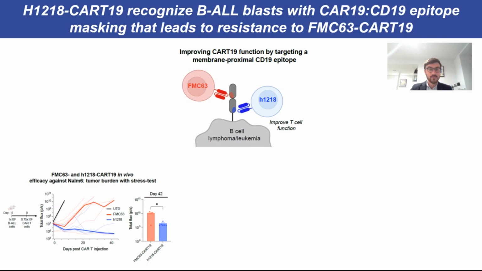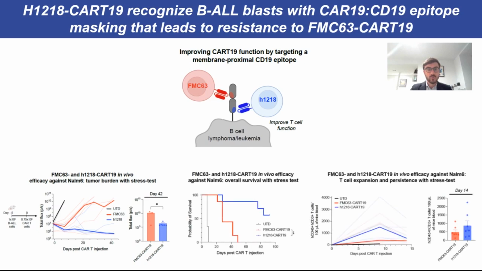And this was, as you can see, pretty dramatic in this model, and was associated with better overall survival, better expansion of the CAR T cell that, as you can see, are higher at day 14, and in general, they continue to be higher at long term.